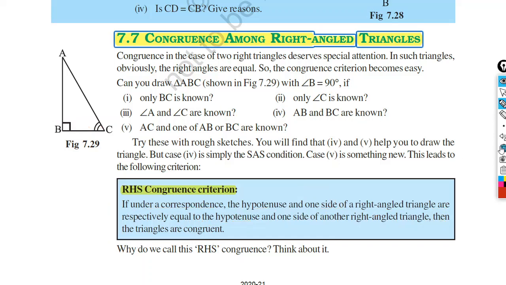Basic thing: in two right angle triangles, the 90 degrees is already equal, and if the hypotenuse and one of the sides are equal to the hypotenuse and any of the sides of the other triangle, then we can say these two triangles are congruent and the criterion is RHS.